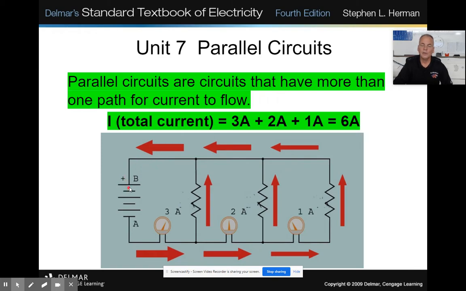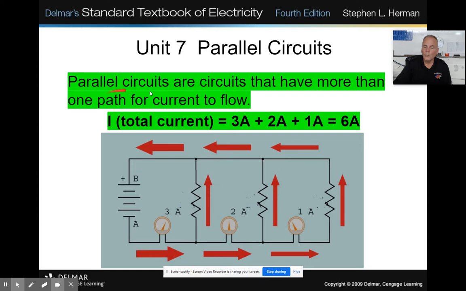We don't lose any current, just like in a series circuit. Now they divide up as they go through the circuit, but here it shows 3 amps being used by this circuit, 3 amps is what's coming back. You don't lose electrons.